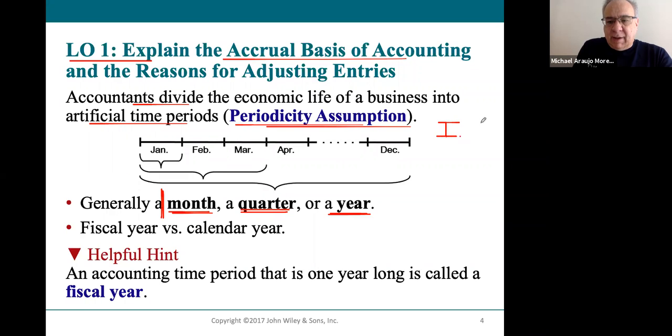The income statement is a critically important statement because it's the only statement that tells owners whether they made a profit or a loss. And as an owner, I can't think of any more important statement that I want to know about. Did we make a profit or did we have a loss? So those records are definitely kept monthly.